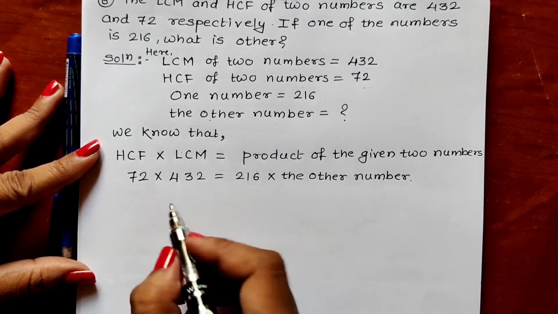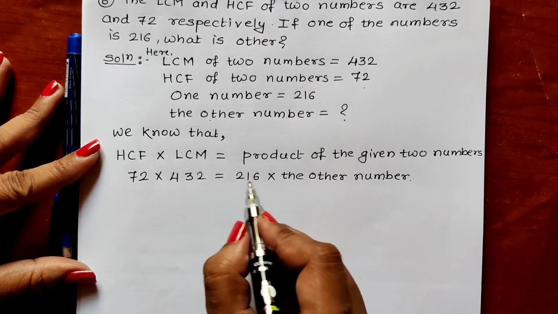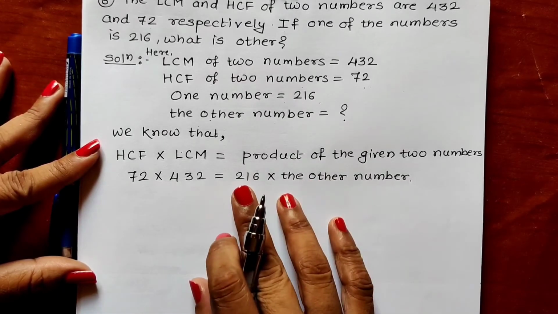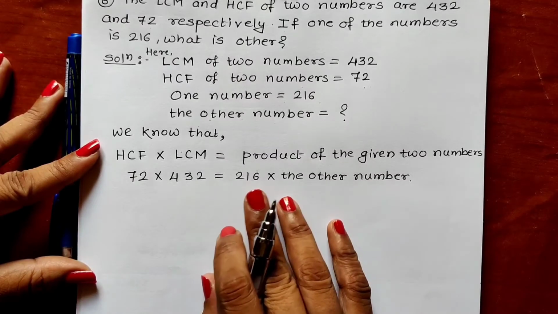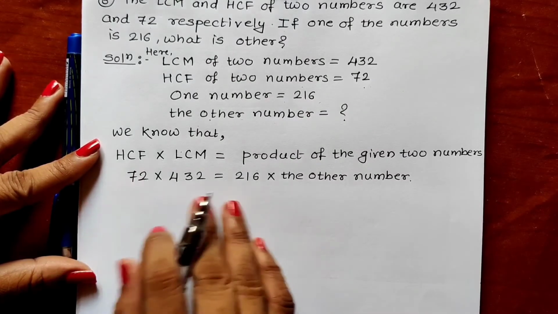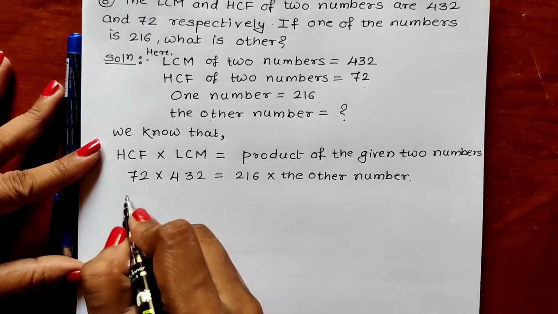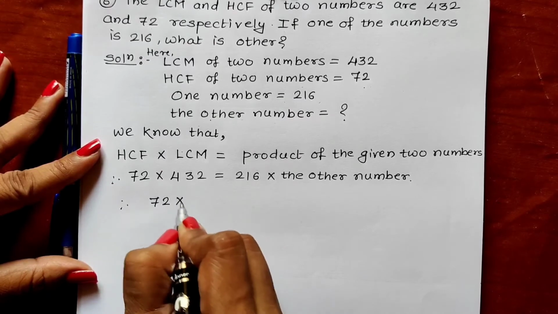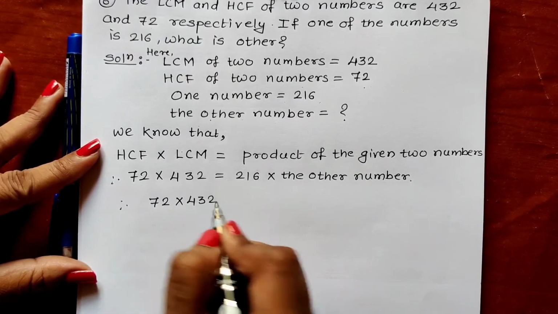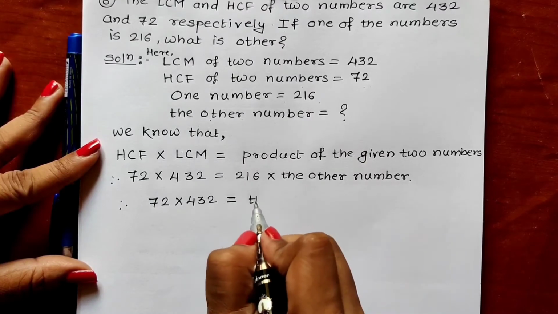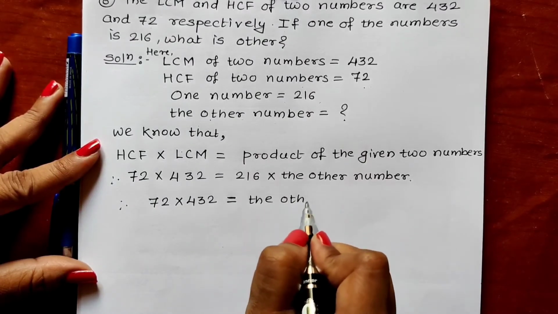Okay, now what we should do, we will bring this 216 from the right hand side to the left hand side. On the right hand side this 216 is multiplied, and when we transfer it to the left hand side it becomes divide by. So let us write the left hand side numbers as it is first: 72 into 432 is equal to, and the other number as it is on the right hand side of the equal to sign.